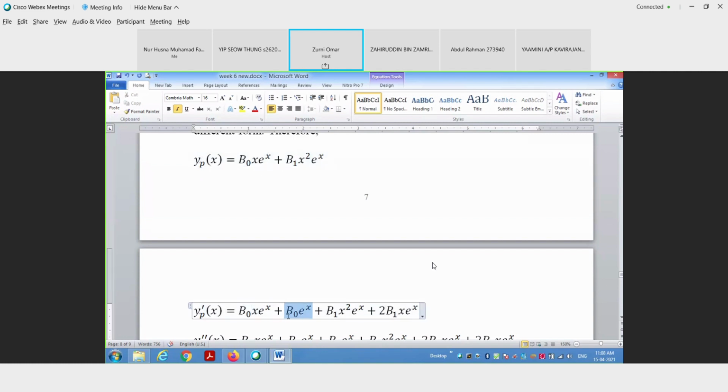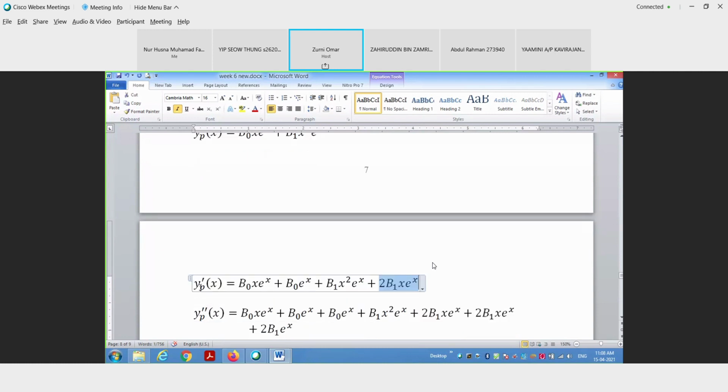So this is the result of this. To differentiate b1 x squared e^x, this is u, this is v. Maintain u with b1 x squared, differentiate e^x, we have e^x. You maintain e^x, you differentiate b1 x squared, you have 2 b1 x. So this is your yp prime.